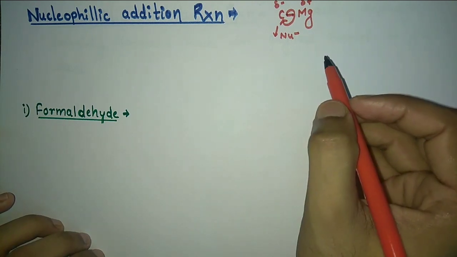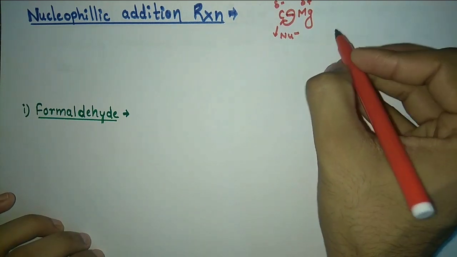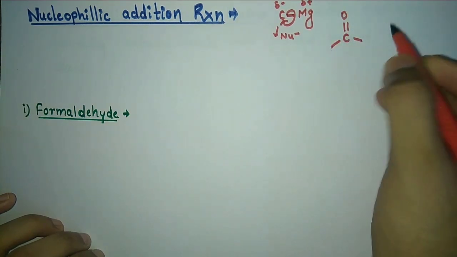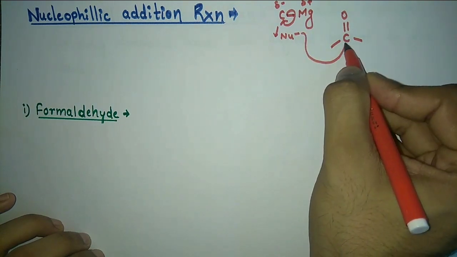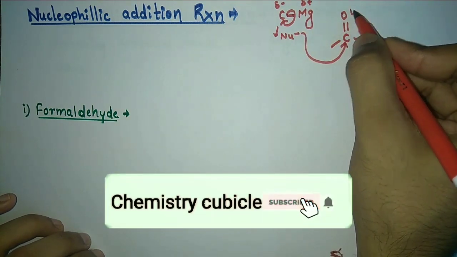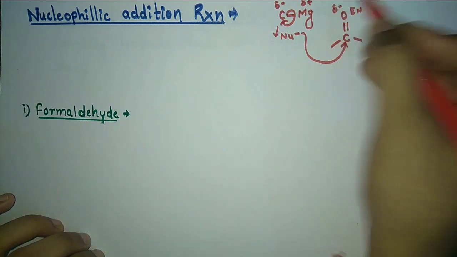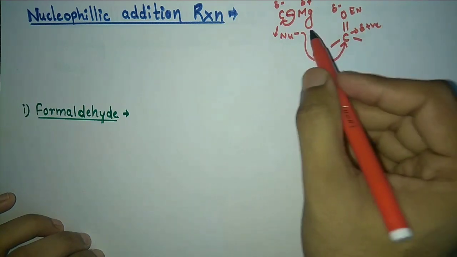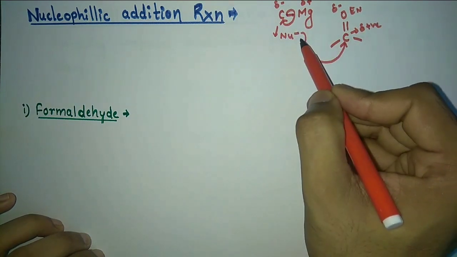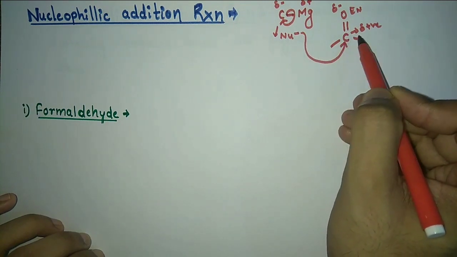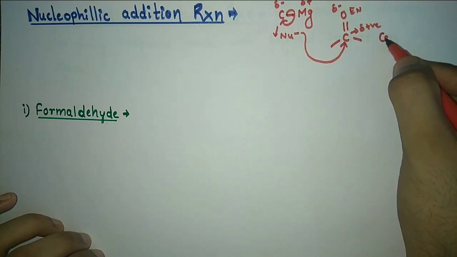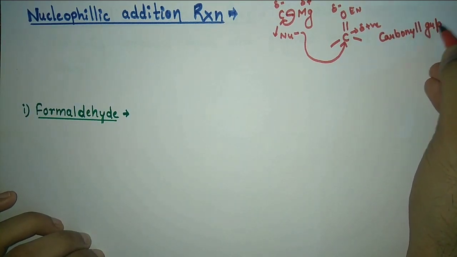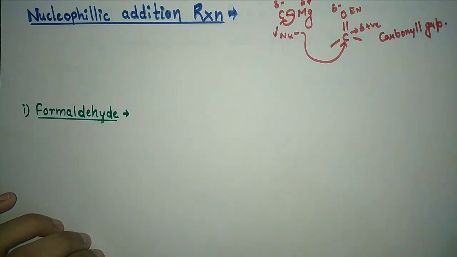Hence it can attack the positively charged carbon atom of the carbonyl group. Why positively charged? Because oxygen is an electronegative atom, so it is partially negative and the carbon is partially positive. So it behaves like a nucleophile and can easily attack the positively charged carbonyl carbon, giving a nucleophilic addition reaction.